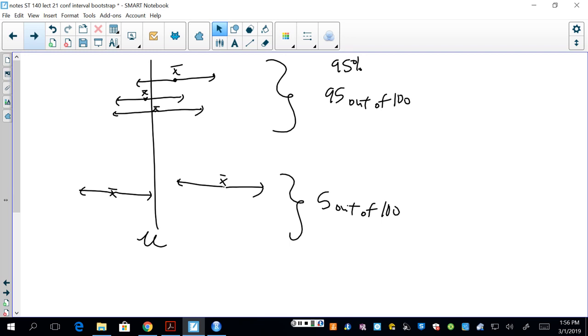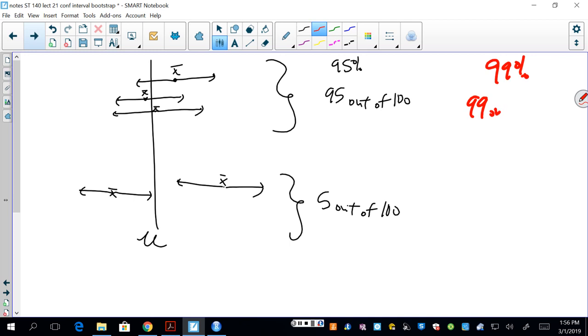Right? The idea of 99% is we want 99 out of 100 to cover. So how does the picture change if we go to 99%? 99 out of 100 to be covering, and just 1 out of 100 miss.